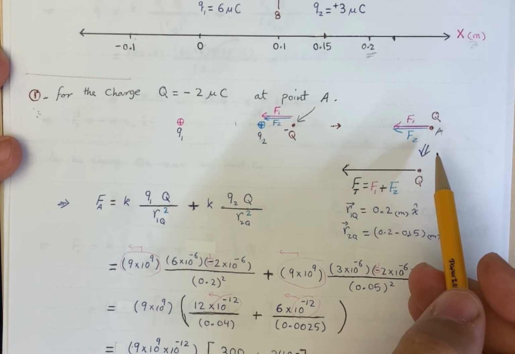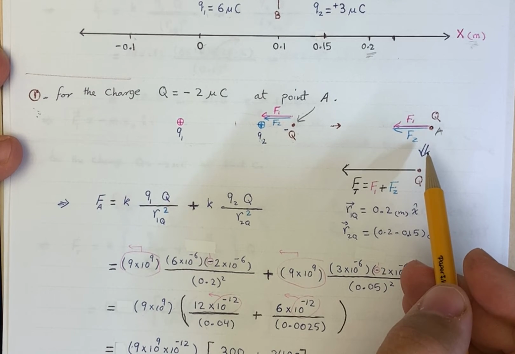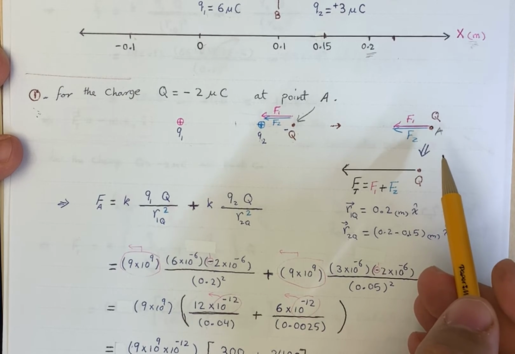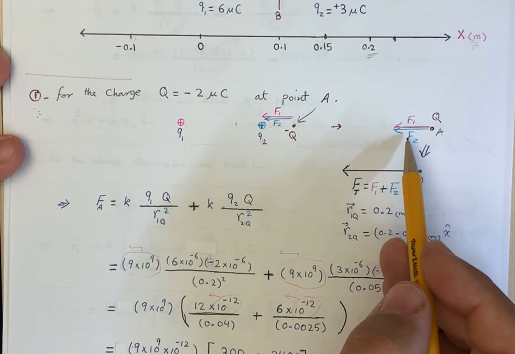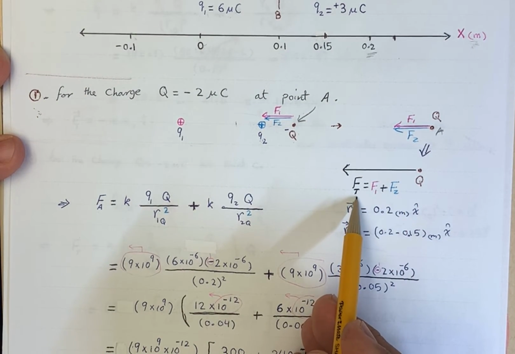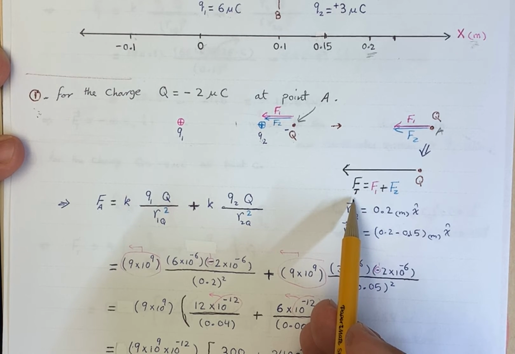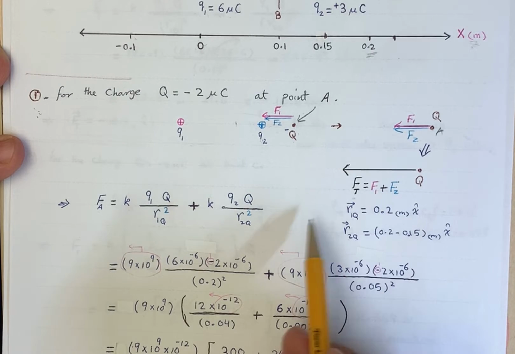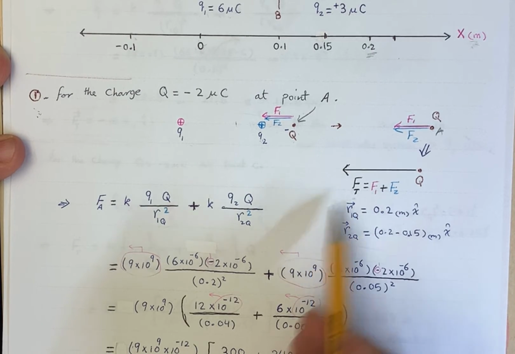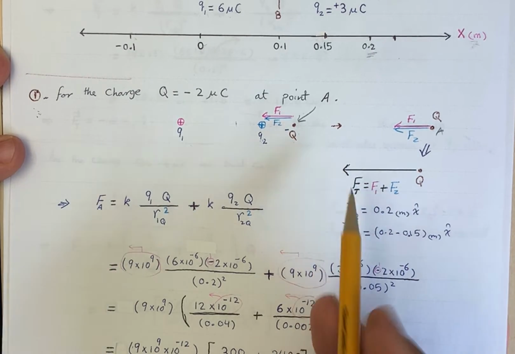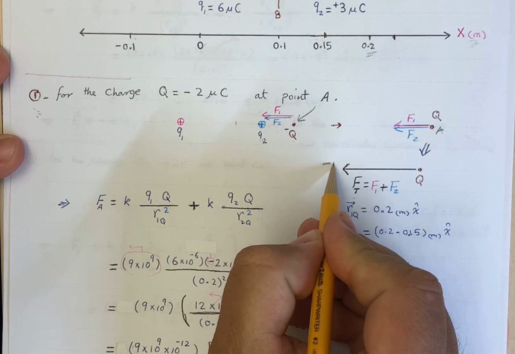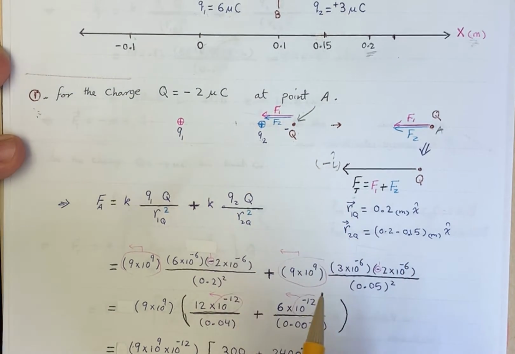If we have two vectors in the same direction, we need to find the resultant vector. We just simply add them together. So the resultant vector, F total, equals F1 plus F2, and its direction is to the negative i hat, or x hat.